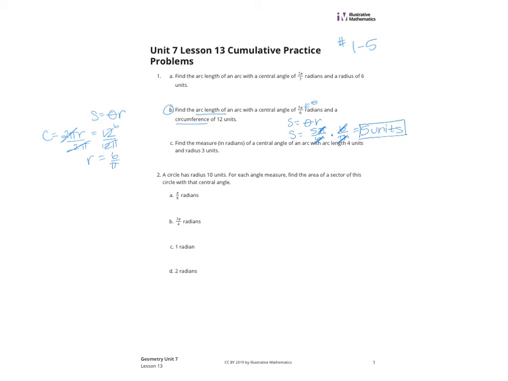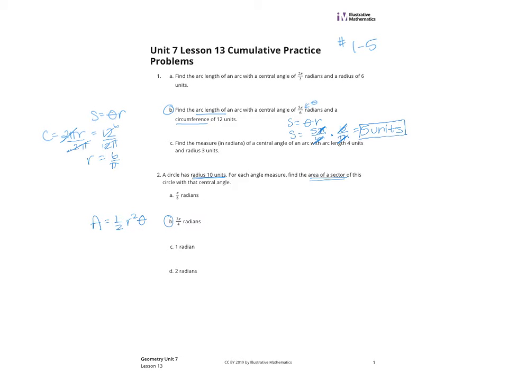So you guys, let's take a look at something in 2. Let's pick out, for example, B. And it says in this one that my circle's radius is 10. And then it says to find the area of a sector. So this is an area problem. An area of my sector, I have to remember, is 1/2 my radius squared times theta.